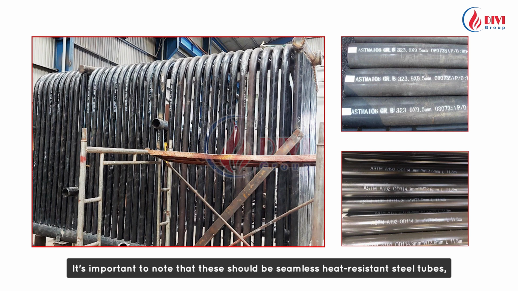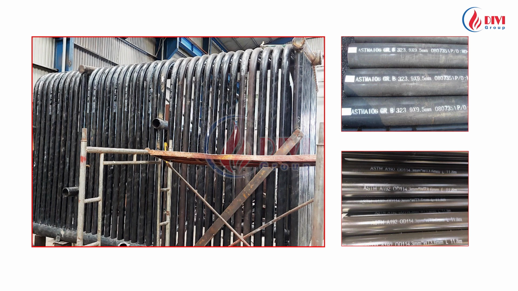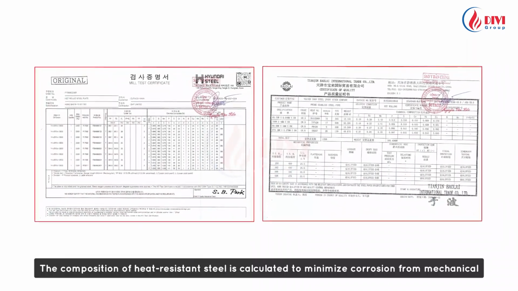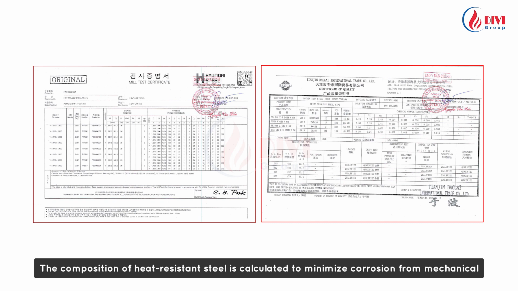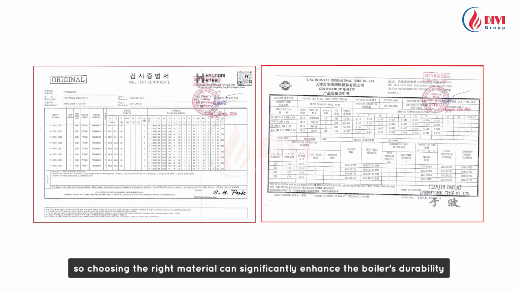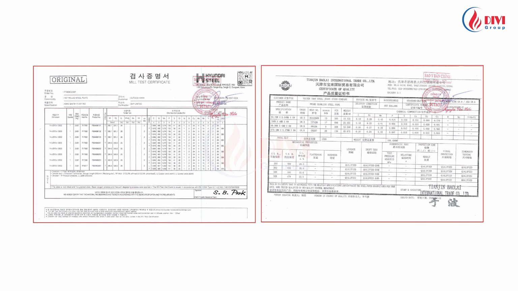It's important to note that these should be seamless heat-resistant steel tubes, not welded ones. The composition of heat-resistant steel is calculated to minimize corrosion from mechanical and chemical factors, so choosing the right material can significantly enhance the boiler's durability and reduce the risk of explosions.